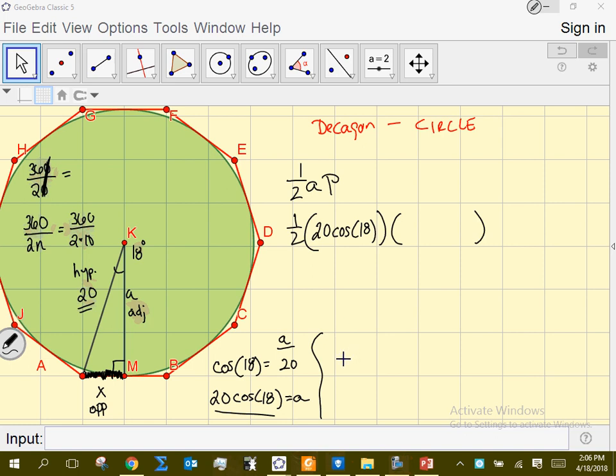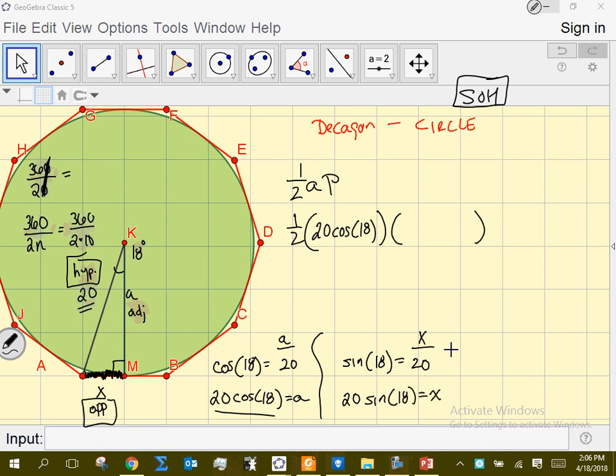Can I say sine of 18 is equal to the opposite side over the hypotenuse? Because this is opposite, and this is hypotenuse, and in SOHCAHTOA, sine is the one that uses opposite and hypotenuse. Okay, so 20 sine 18 is equal to x, correct?